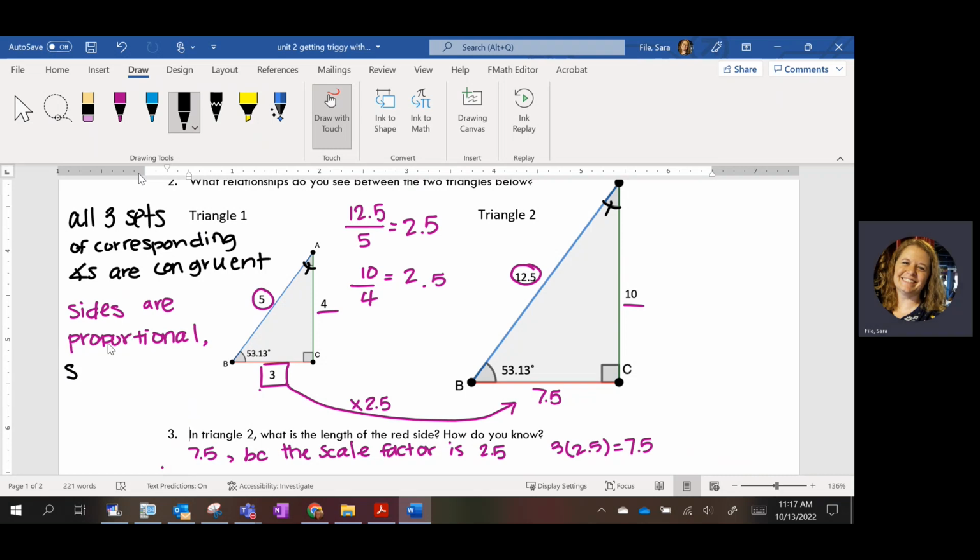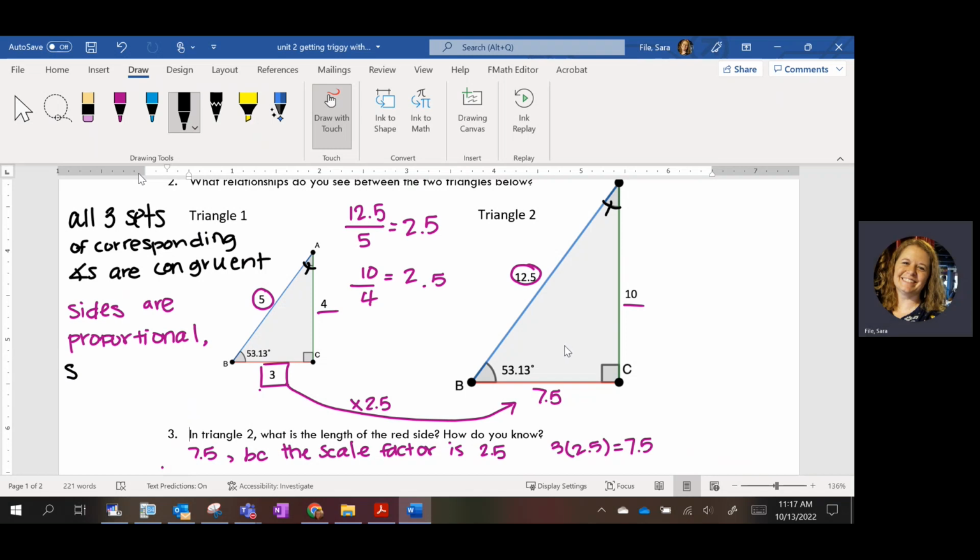But what it is, you're listing out the corresponding parts of the triangles that are congruent. This one, none of the sides are, it's all angles. So this would be angle, angle, angle. That's the three parts that are congruent. That does not prove the triangles congruent.